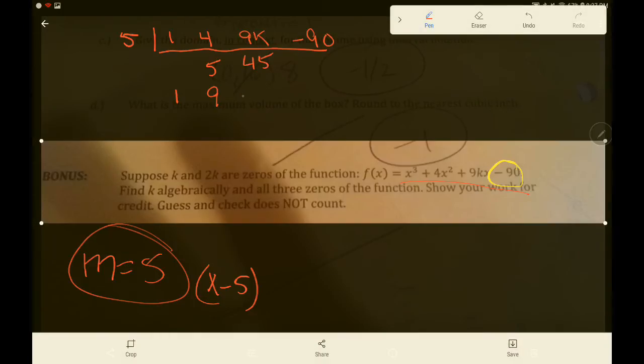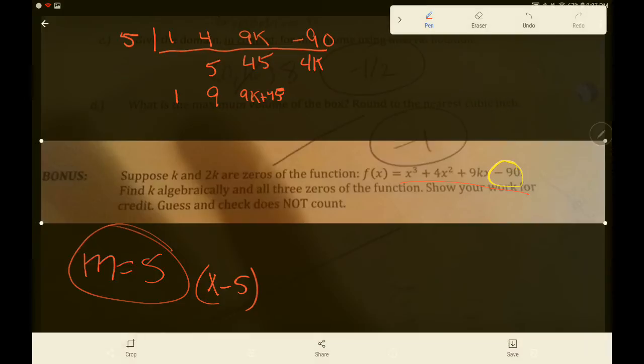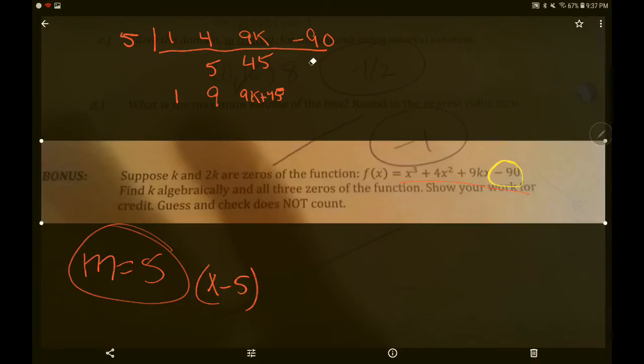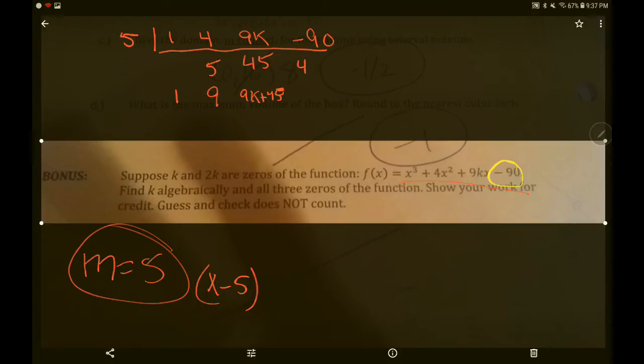45 plus 9k is actually 9k plus 45. Now 5 times that is 45k plus 225.